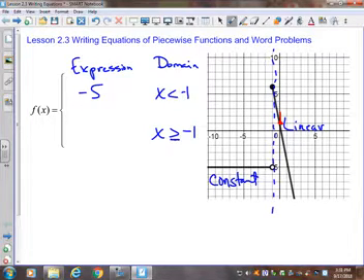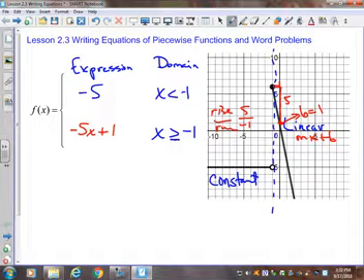And I could count up 1, 2, 3, 4, 5, and over 1, and find out that the slope is 1 to the left, meaning -1, and my rise over run would be 5 over -1 or -5. So our equation here would be -5x plus 1, because this is your y-intercept and b is equal to 1, and we're making an mx plus b equation like you did back in 8th grade. So that's a piecewise function.